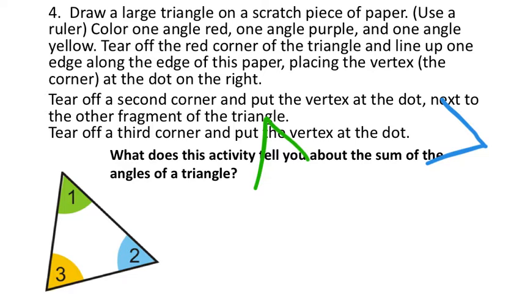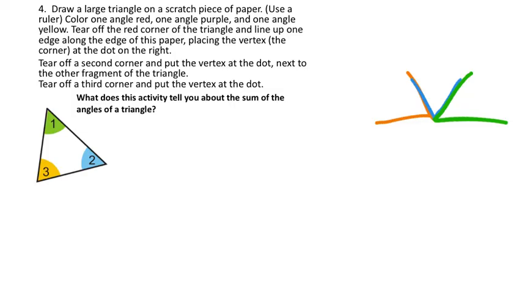And I can also take angle 3 here. I'll try drawing that again. There we go, I think that's better. Now let's take angle 3 and separate it from the triangle like this. So there's our 3 angles. Green is angle 1, blue is angle 2, and orange is angle 3.